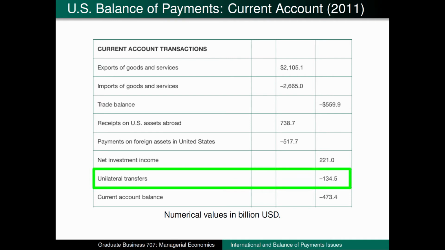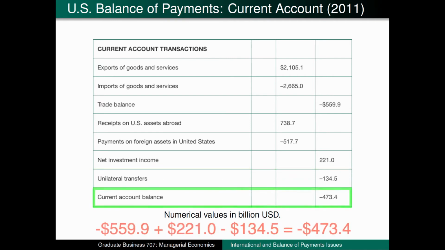The amount of foreign aid to other countries was around $134 billion, so the current account balance is negative $559.9 billion plus $221 billion minus $134.5 billion, which equals negative $473.4 billion. Keep this number in mind as we compare the number from the current account method and the financial account method.